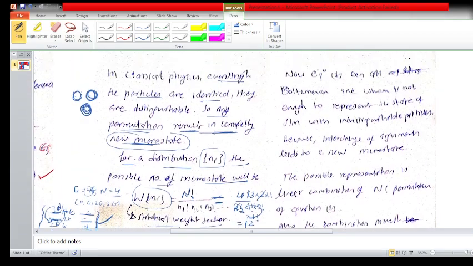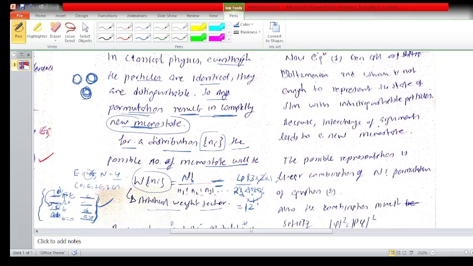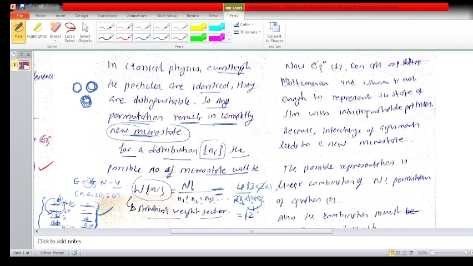Okay, so further now, if you consider that equation 1 that we have used to represent the classical wave function for a system of particles, that is called the Boltzmannian.